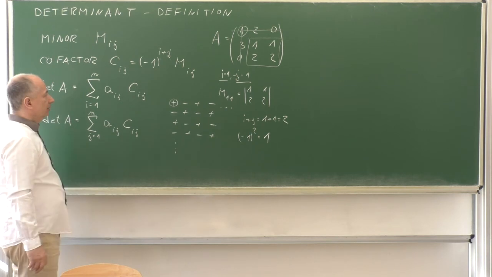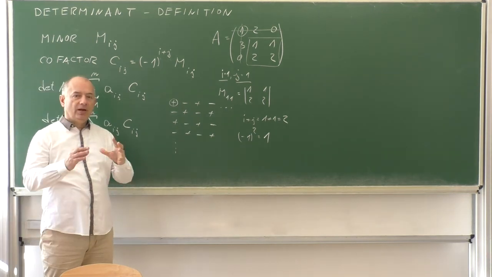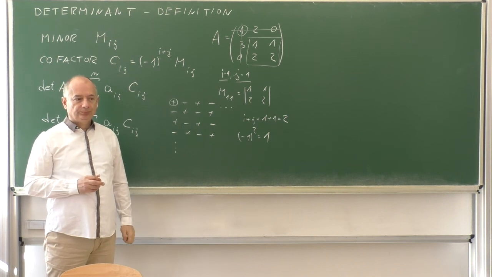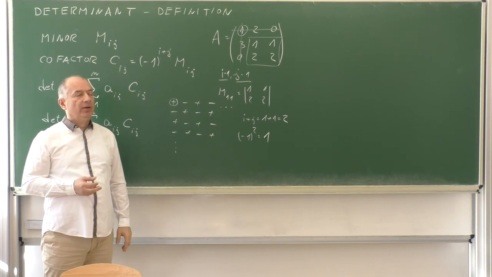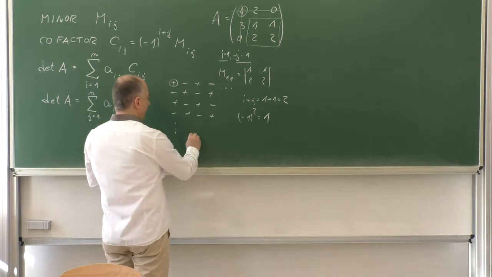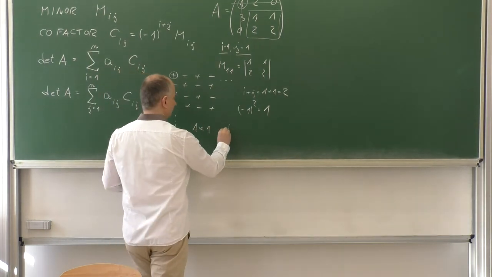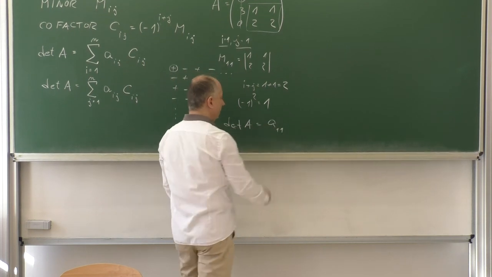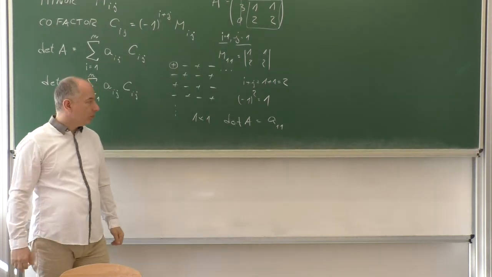And the determinant of a matrix can be defined in terms of determinants of smaller matrices. This makes sense because for a 1 by 1 matrix, the determinant is the entry A11 itself.